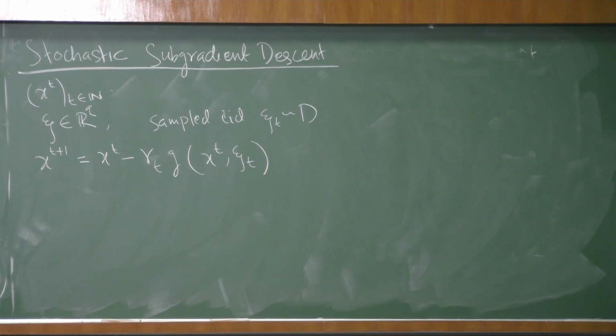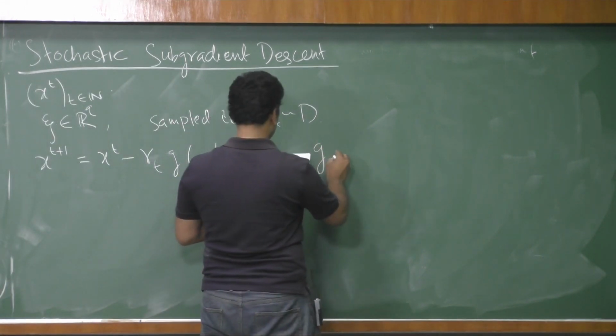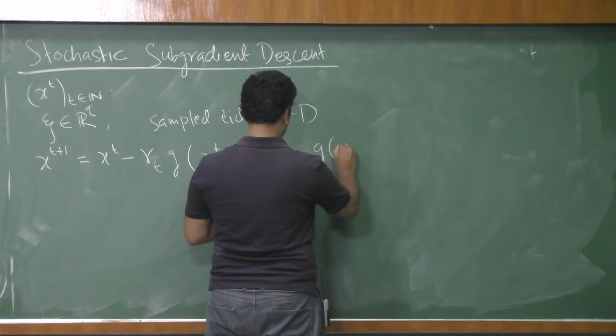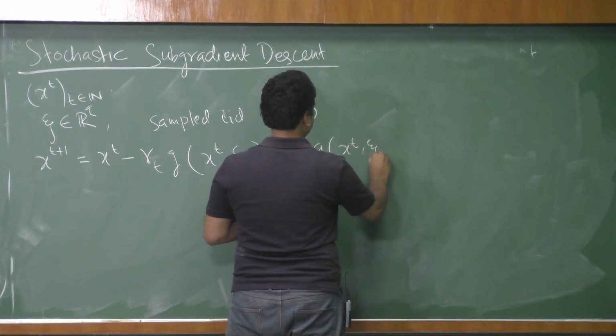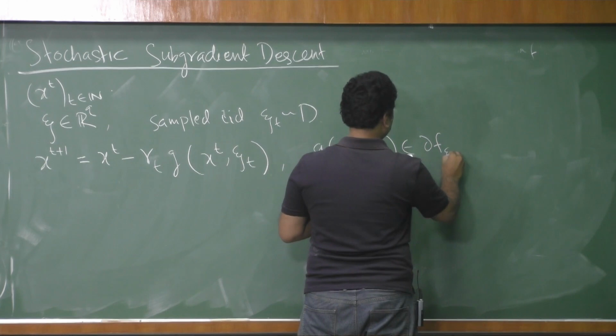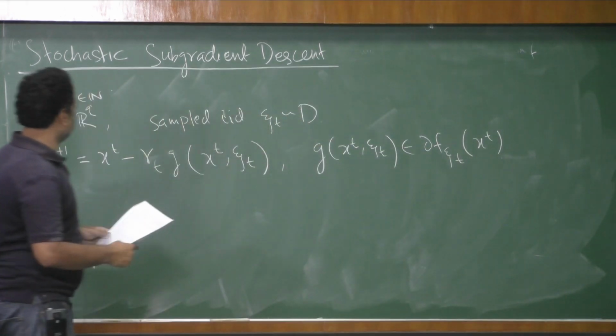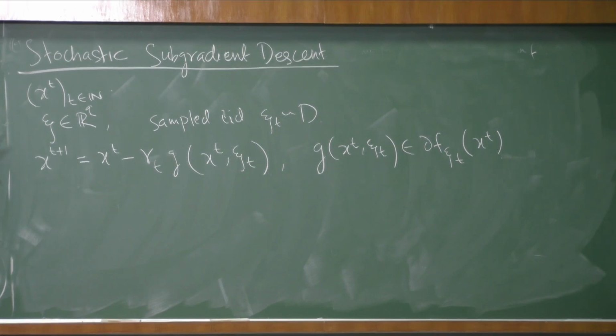And the only difference from stochastic gradient descent is, okay, I will say this, but for the moment let me complete this last line. So g(x_t, xi_t) is in the subdifferential of the partial of f(xi_t) at x_t. Okay. So let us interpret this. What is the stochastic subgradient descent method?